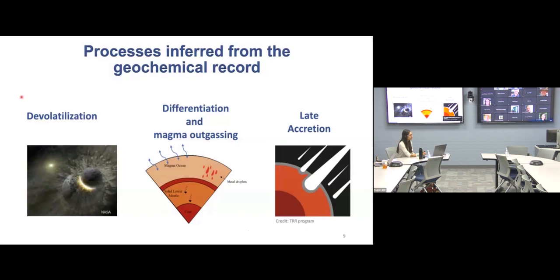So of these 3 mechanisms, the one that my colleagues and I focused on was differentiation and magma outgassing, and we tried to understand how these 2 processes redistributed volatiles and the fundamental information that we need to model these processes in the Earth, and how those can be extended to other planets as well.